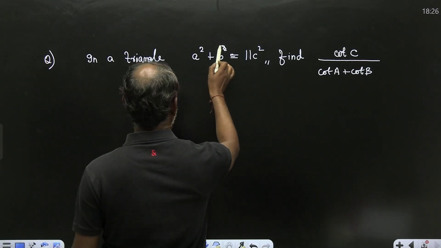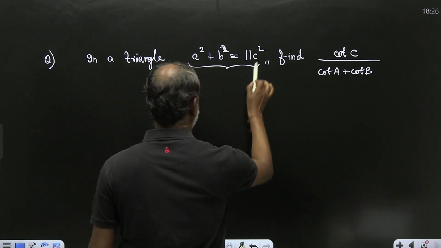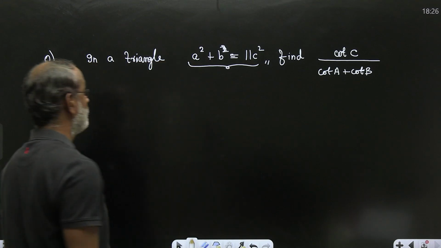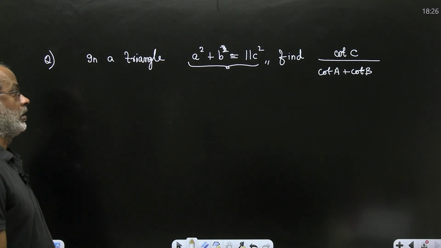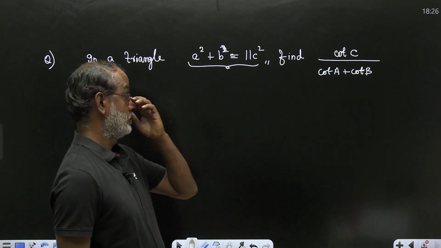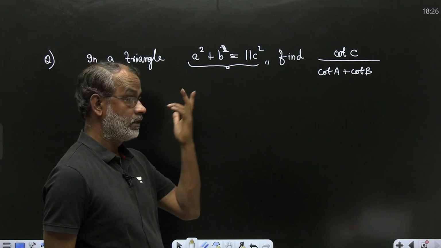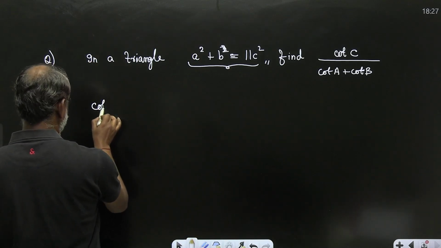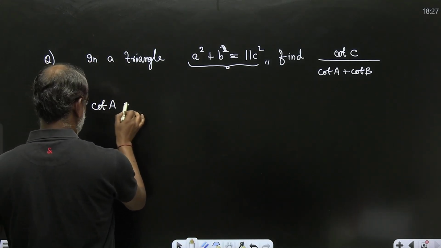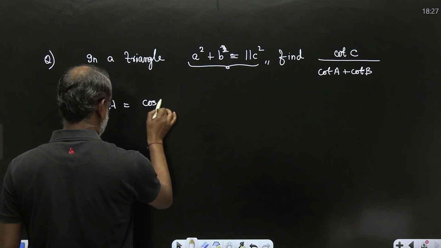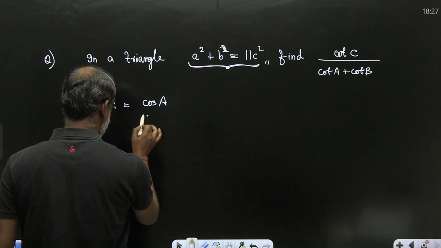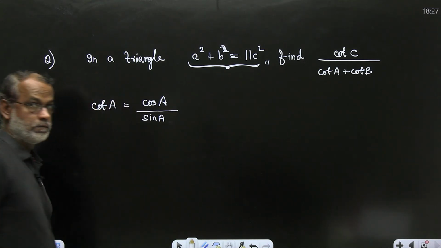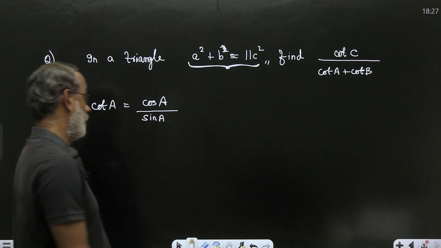Information being provided in this manner is indicative of the fact that a possible way to deal with the situation would be cosine law. So let us see what is cot A. What is cot A? Cos A by sine A. What is cos A?